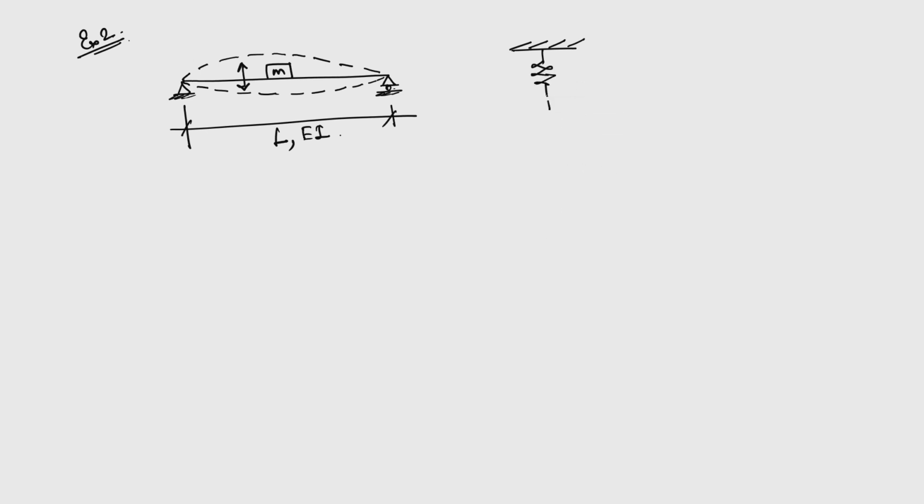What we have here is the mass m hanging from this spring whose stiffness is K. Obviously, this simply supported beam is idealized by this spring, a linear spring with spring stiffness K.